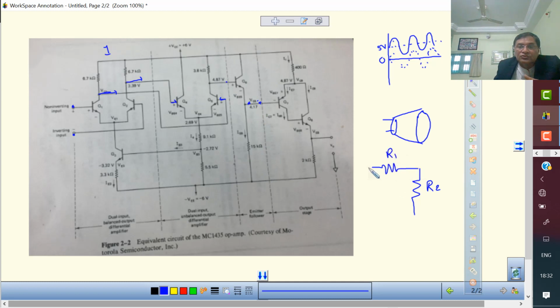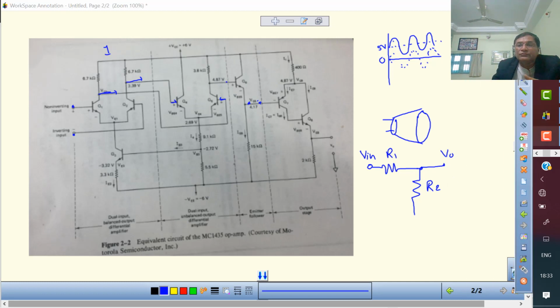Okay. So whatever the output is coming over here, suppose I say Vin, then the output here is VO. So VO will be equal to R2 upon R1 plus R2 into Vin. This is your voltage divider circuit. You must be knowing this thing.